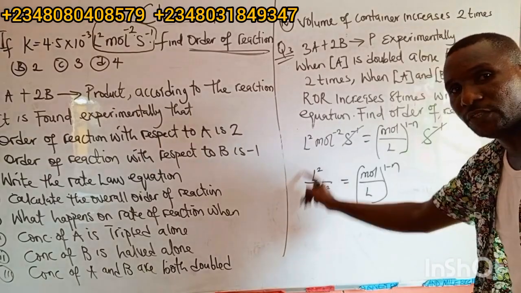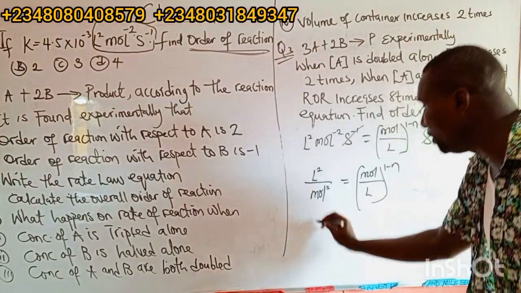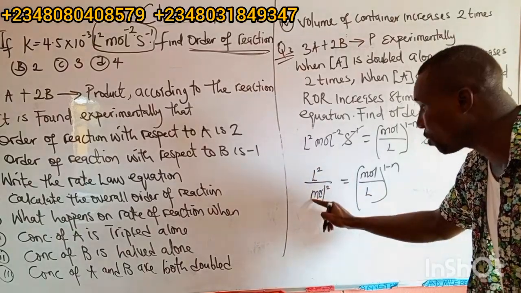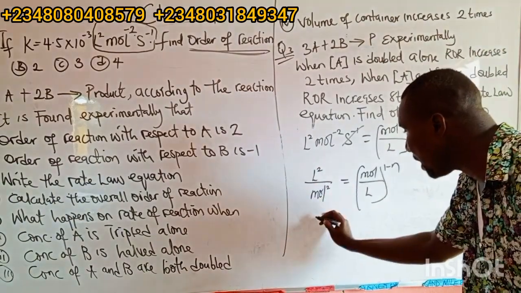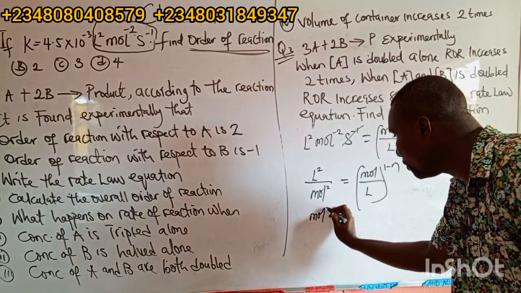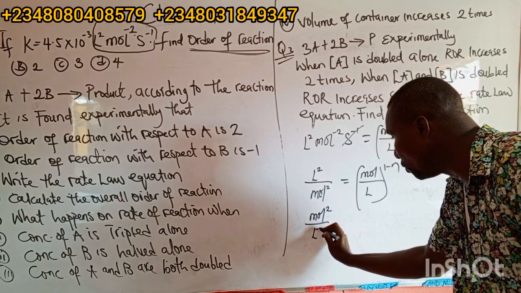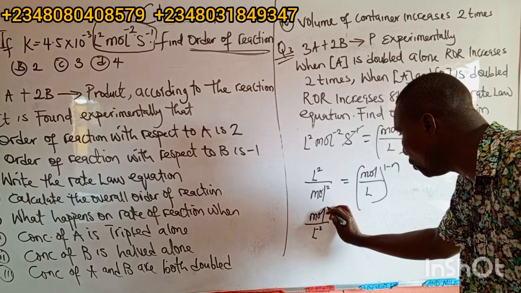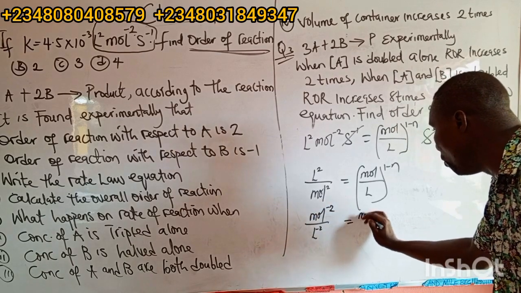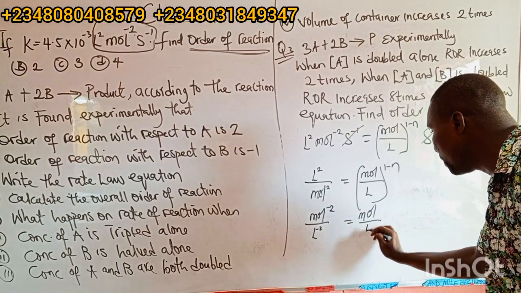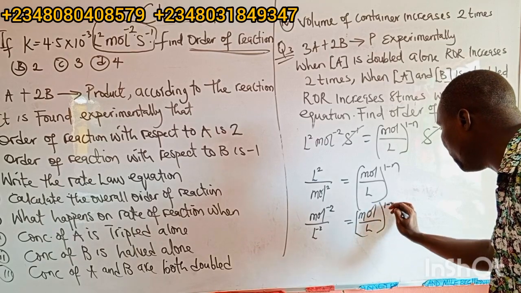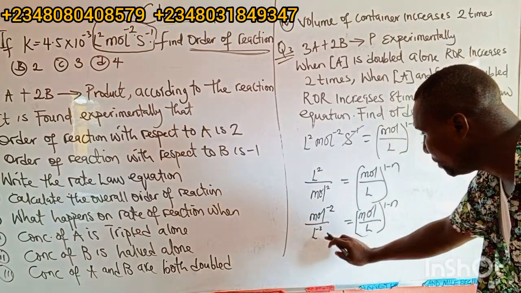Then the inverse of this means this one goes up, this one comes down. It means I can have mole raised to the power 2, this one raised to the power minus 2, this one minus 2 also. Equal to mole over liter raised to the power n minus 1, because of the inverse.